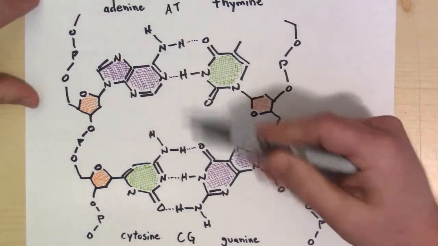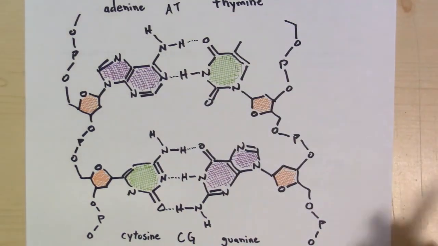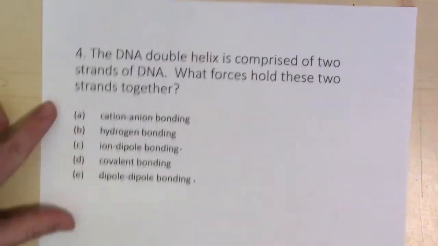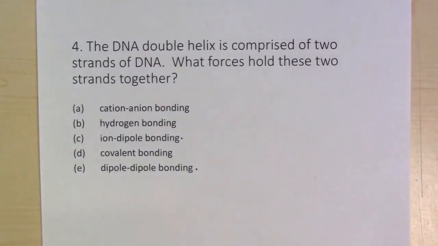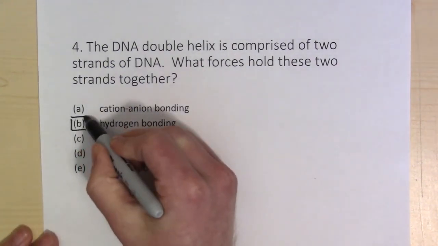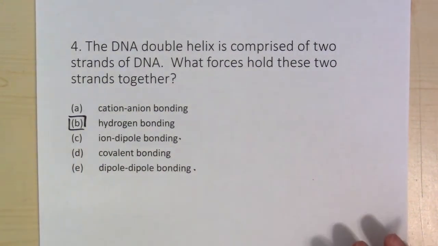And the reason is because of the number of hydrogen bonds that are between them. So if we look back at our answer choices, we can see that hydrogen bonding was B. That is the answer. That is the force that holds the two strands of the DNA double helix together.